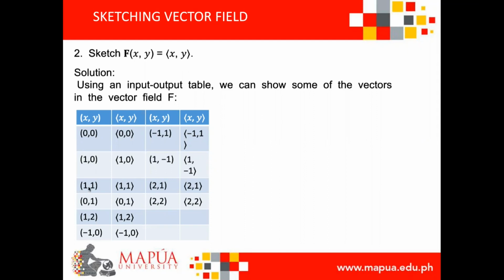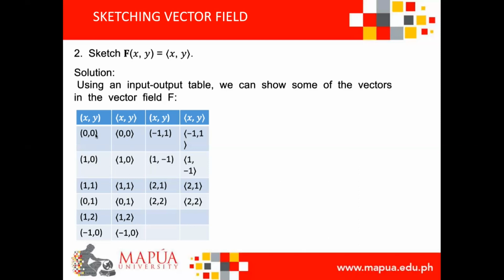Then when you have 1, 1 substituted in your vector field, the resulting component will also be 1, 1. Then if you have 0, 1, the resulting component of your vector field is also 0, 1.